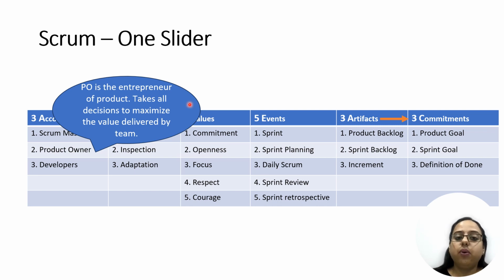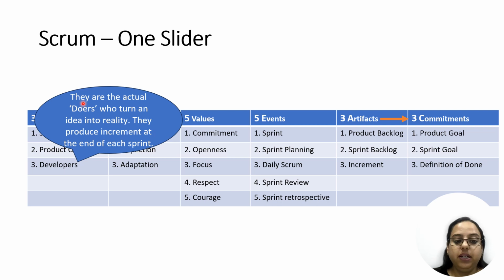Also, when I'm saying product here, you understand it as a product or a service, right? If you're delivering a service, you understand that it could also be a service, right? So product owner is the ultimate decision maker regarding the product and what needs to be built and by when. Product owner also manages the product backlog.